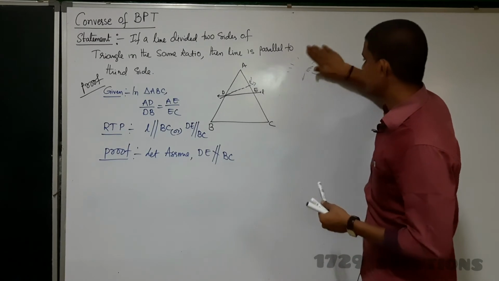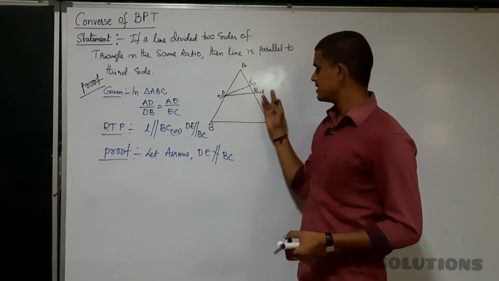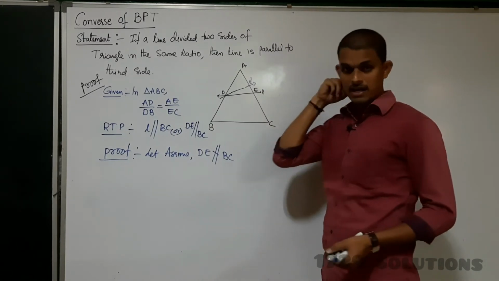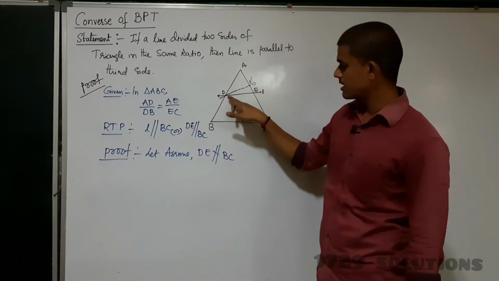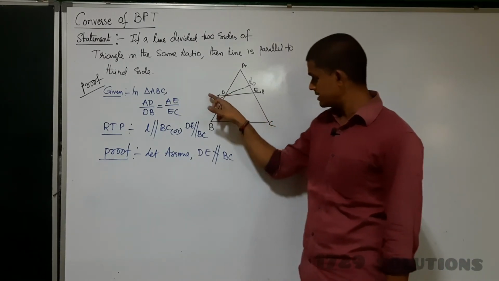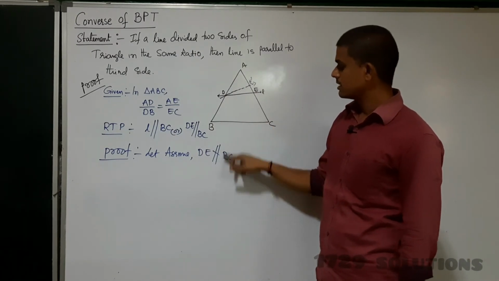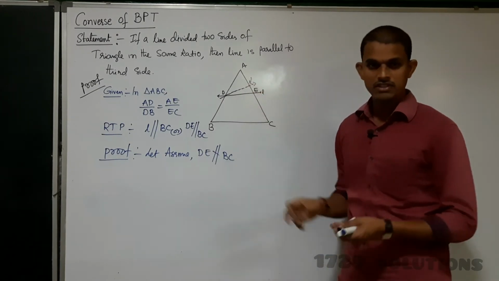Same way, BC is a line, actually DE is parallel to BC we want to show. We are taking DE is not parallel. So from the point D there are so many lines, DE is also one of the lines, but anyway it is not parallel. So from the D point there is another line which is parallel to BC we should take.